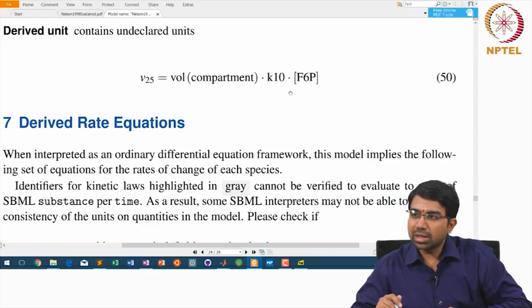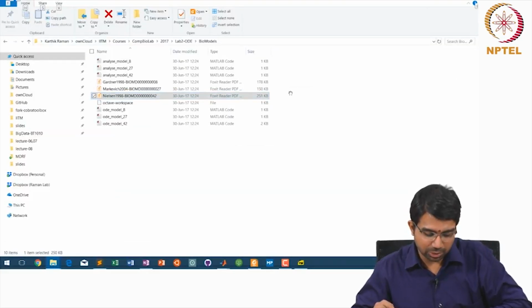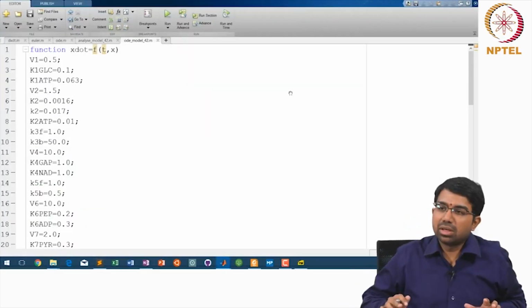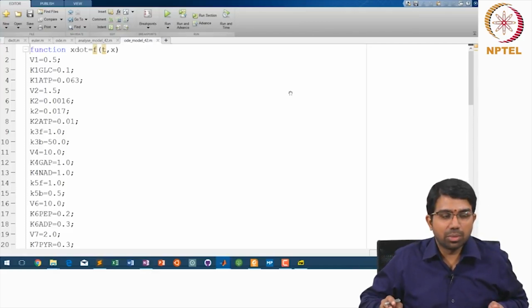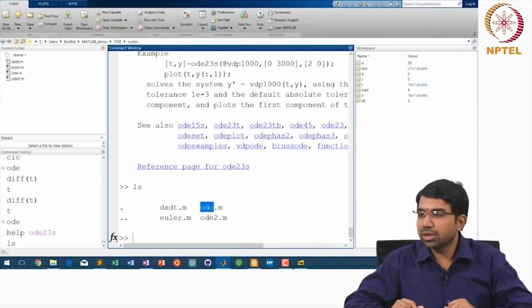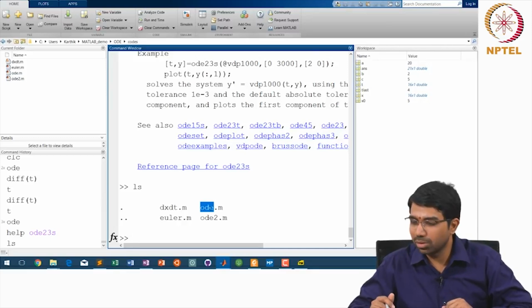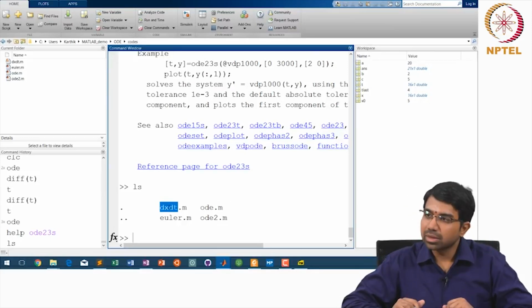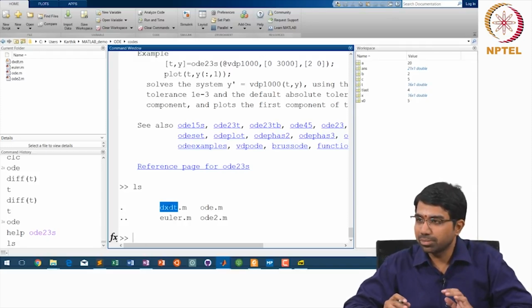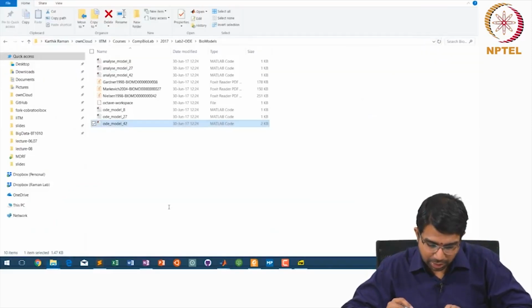BioModels actually gives you files for Octave, not for MATLAB. You can just make a few small tweaks and use it with MATLAB. There are also other tools that you can use it with. So how does this look? I would recommend this architecture for any ODE solving problem. You first set up a file just like we had in the previous example, the ODE of the model, ode.m, which gives your dx by dt, and an analysis file.